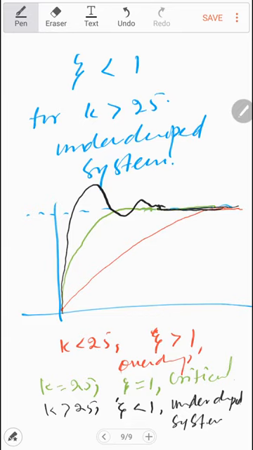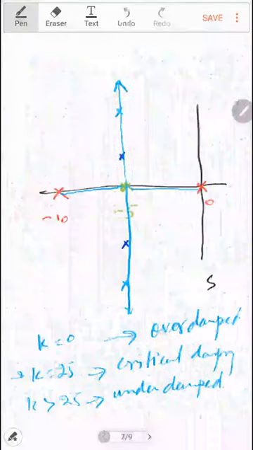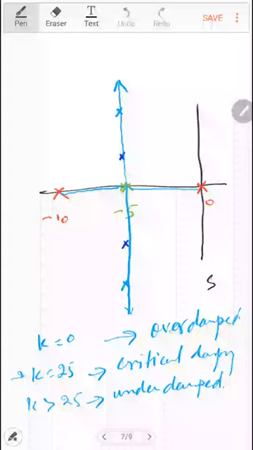So you see that if you look back to this plot, the complex plane, the pole movements will give you the complete behavior of the system. The location of the poles will give you the complete behavior of the system. If the two poles are on the real axis and apart from each other, the response of the system will be what is called the overdamped response.